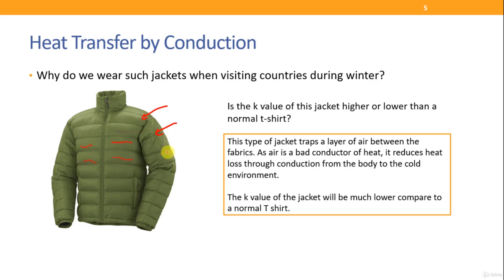And as we know, air is actually a very bad conductor of heat. So if you have a layer of air surrounding you, heat from your body will not be lost to the surroundings that easily. So because of this, the k value of your shirt becomes much lower. And therefore, heat transfer by conduction from your body to the surroundings will be reduced.